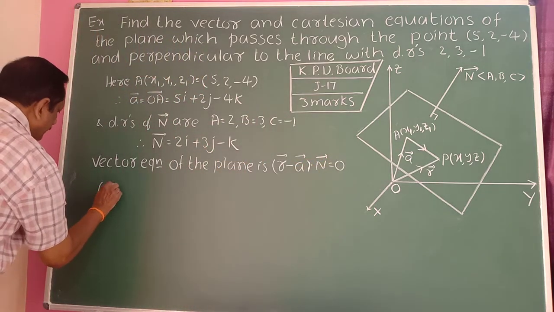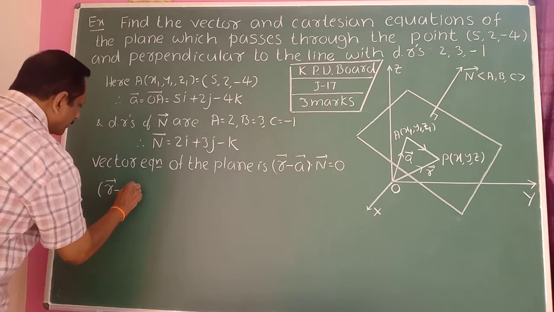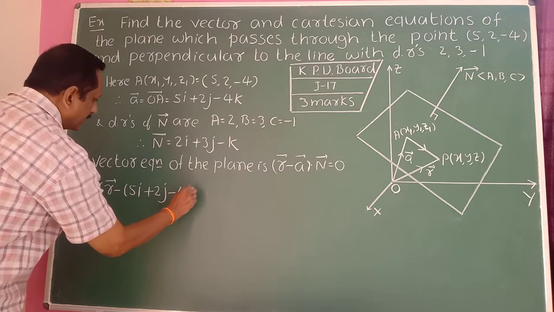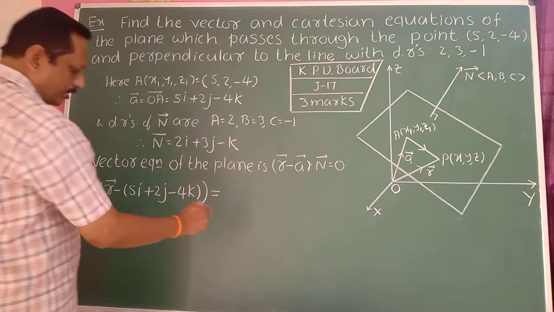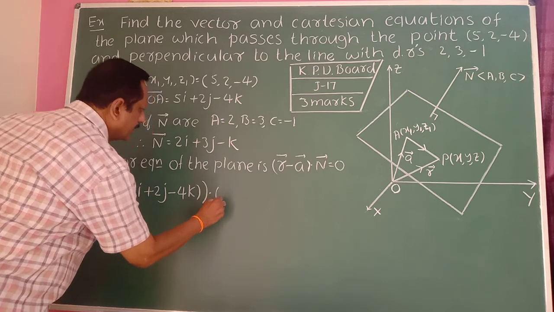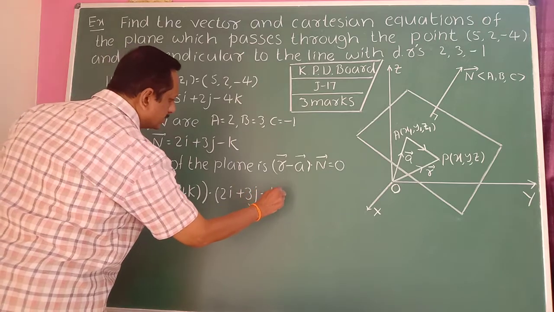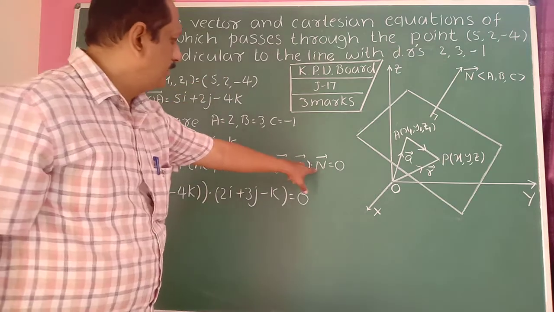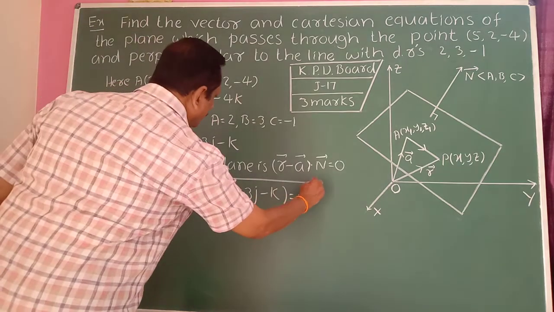Hence r bar minus the vector a bar, which is 5i plus 2j minus 4k, bracket complete, dot n bar, where n bar is this vector 2i plus 3j minus k, equals 0. Just replace a bar and n bar by these vectors. Get the equation of the plane in vector form.